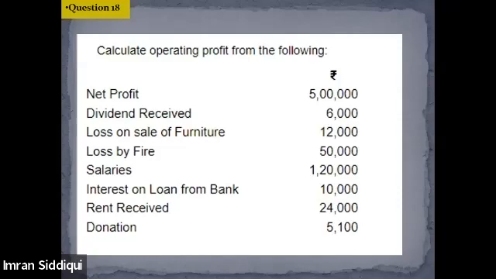Non-operating expenses will include loss on sale of furniture, loss by fire, and donation. All these are non-operating expenses. And there is one more expense: interest on loan is also not an operational expense.